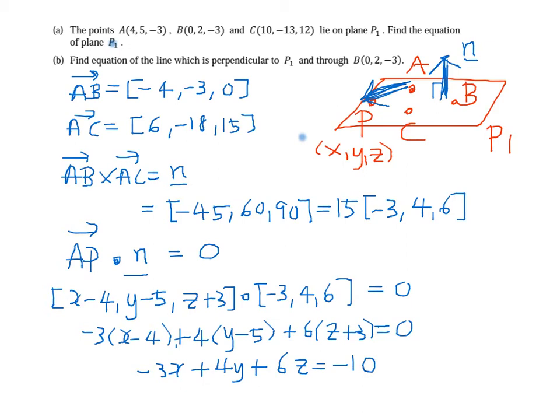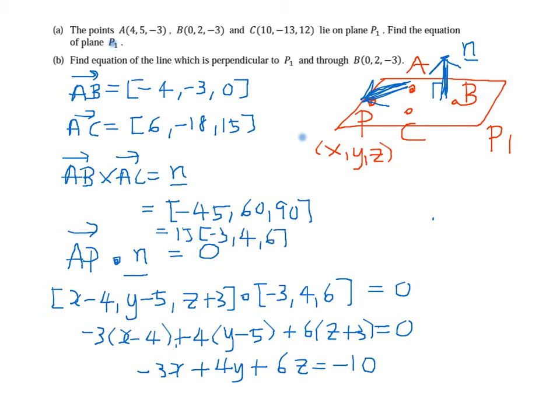And then they ask us to find the equation of the straight line, which is perpendicular to the plane, and it goes through the point B. Now let me grab this up so I can write right here, to give myself more space.